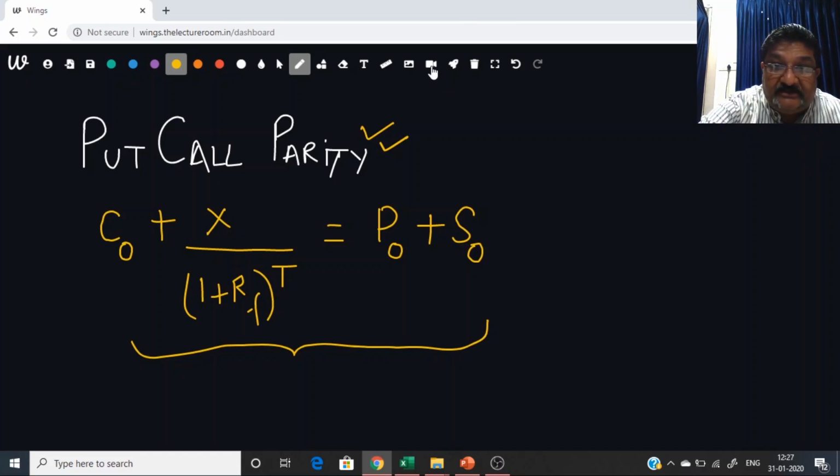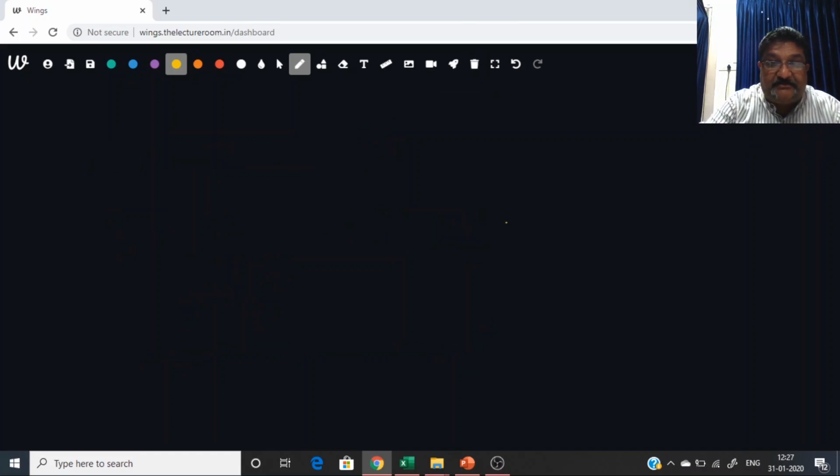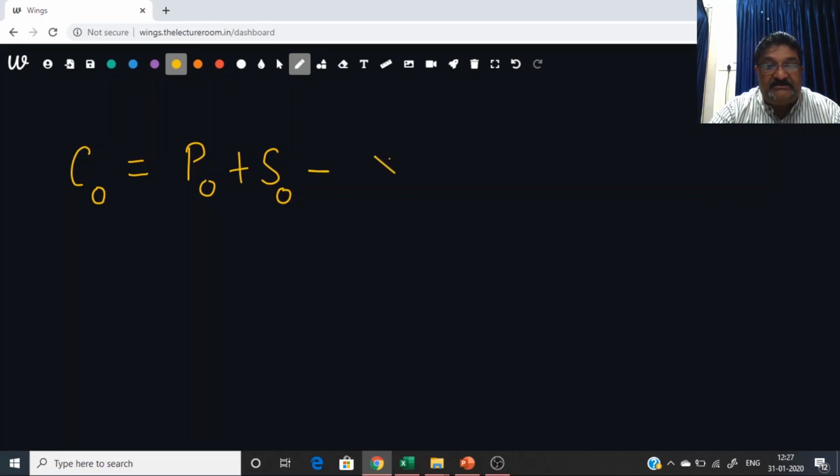If I were to create a synthetic call option out of this equation, can I rewrite the equation as C0, the price of the synthetic call option, should be the price of the put option plus the price of the underlying stock minus the discounted price of the bond, which is the exercise price that prevails today.